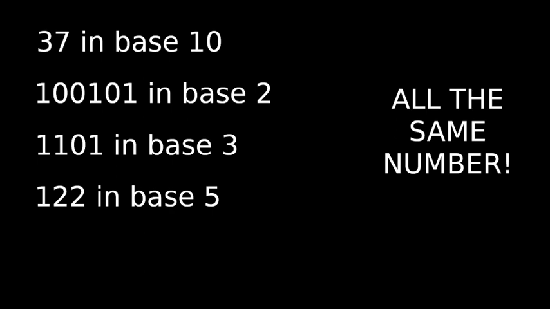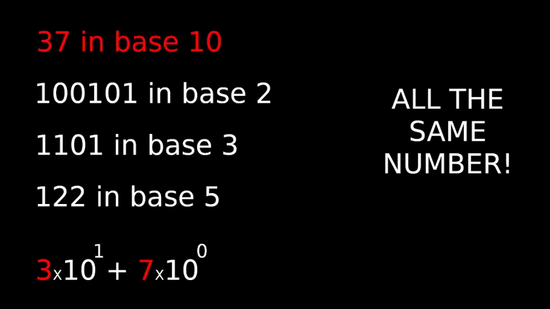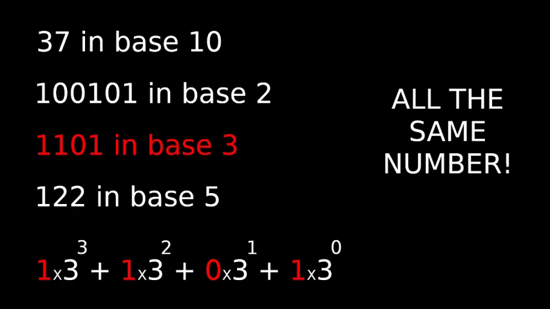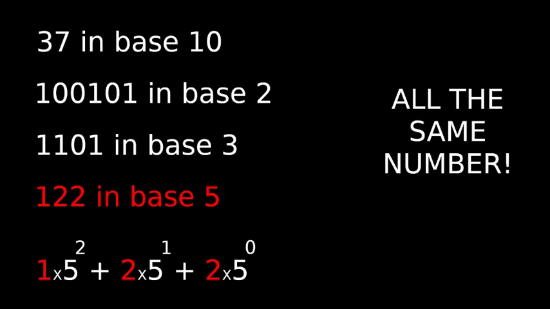So 37 is 37 in base 10, because 3 times 10 to the first plus 7 times 10 to the 0 equals 37. Similarly, if we use the digits as coefficients in an expansion for the other bases, we will always get 37 because all of these represent the number 37.